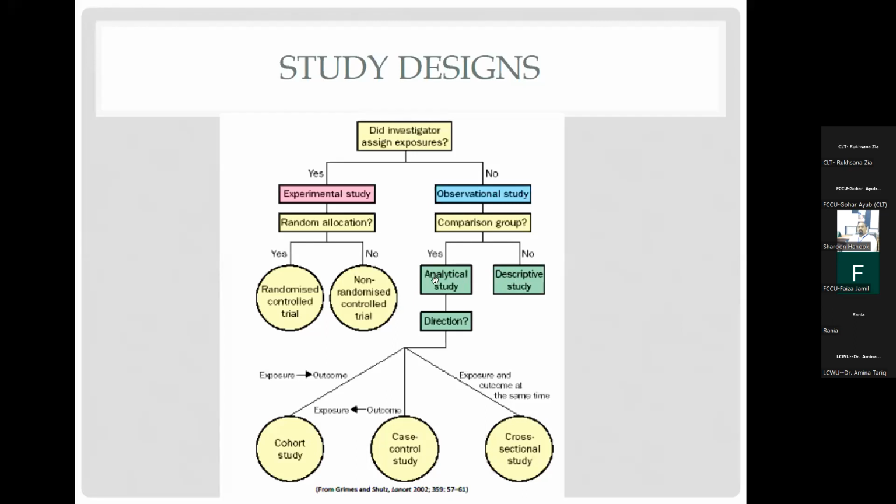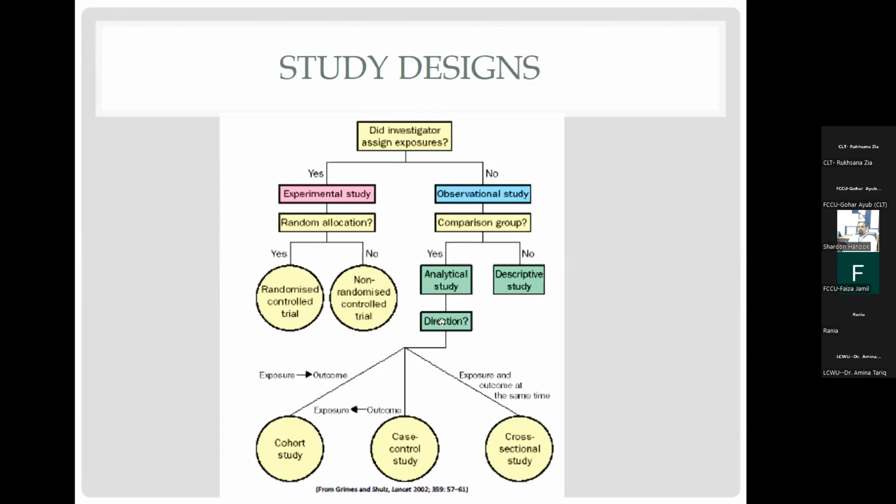But if you have a group of people who have studied in a technological environment, and then you have a comparison group of people who have not studied in that kind of environment, where the intervention is applied, then you call it an analytical study because you have a comparison group along with that. For the comparison group, we have three methods: cross-sectional study, case control study, and cohort study.